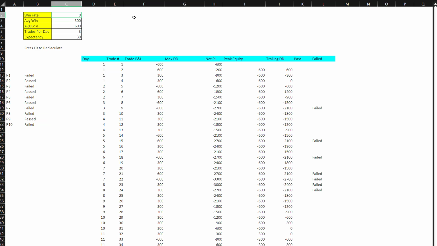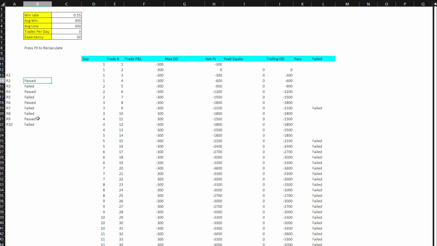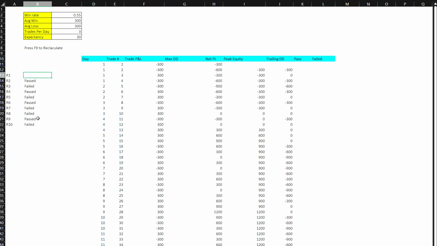Let's look at what happens if we have a 55% win ratio. Sometimes when I'm confident, my win ratio drops to 55%. Let's just imagine you're making $300 on your wins and losing $300 on your losses. Your expectancy is $30. Let's see how this looks. Run 1, we failed. Starting over.